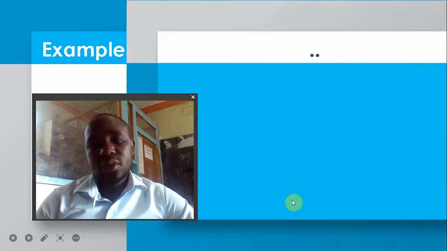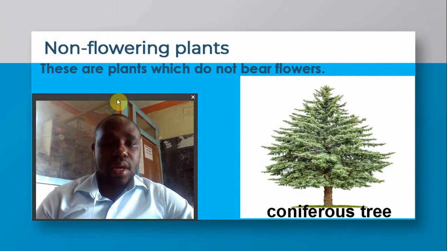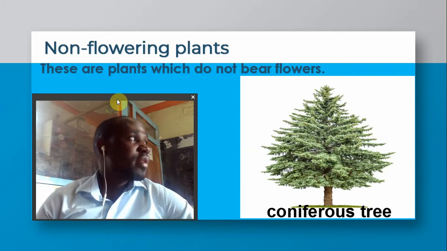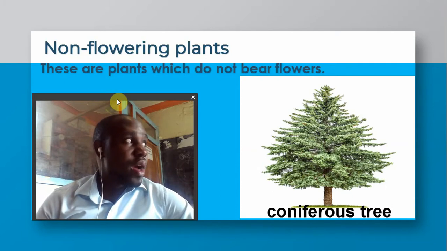Let's go on and look at non-flowering plants. What are the non-flowering plants? The non-flowering plant is the opposite of the flowering plant. To define what non-flowering plants are, non-flowering plants are plants which do not bear flowers.